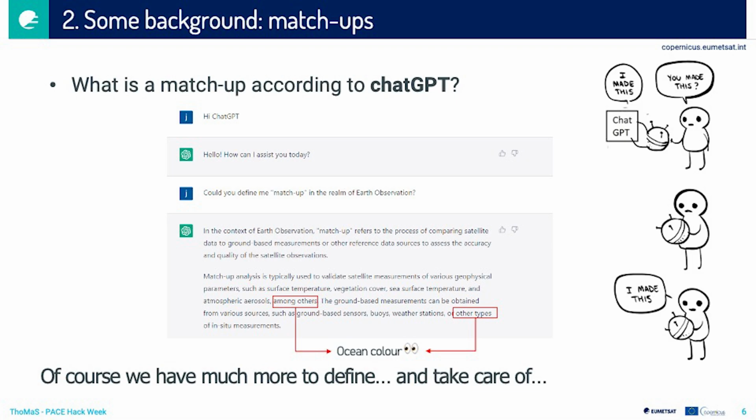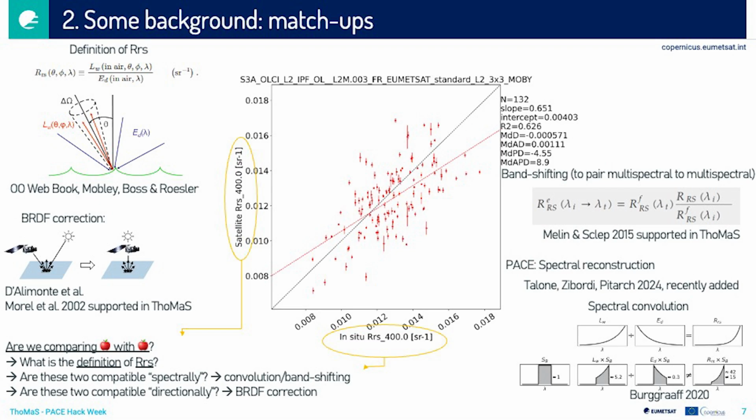Just to mention that when we do the matchups, of course, we have to compare apples with apples. So we have to take care that what we are matching is actually matchable. We have to take care of a proper definition of Rrs.